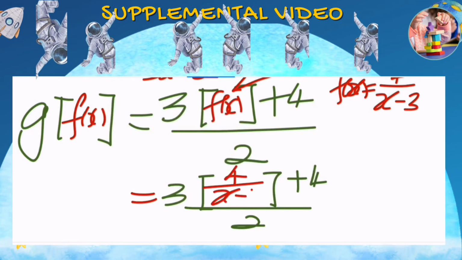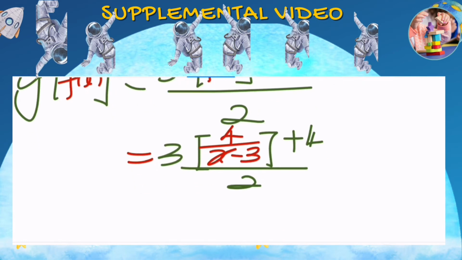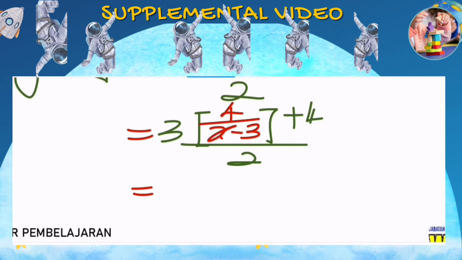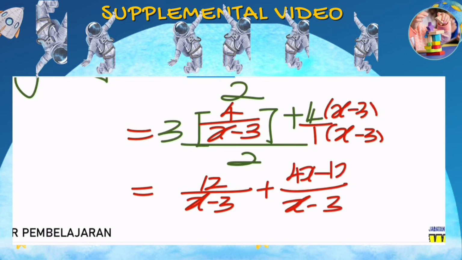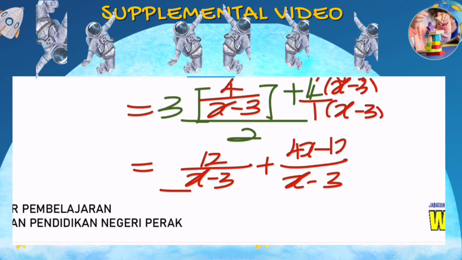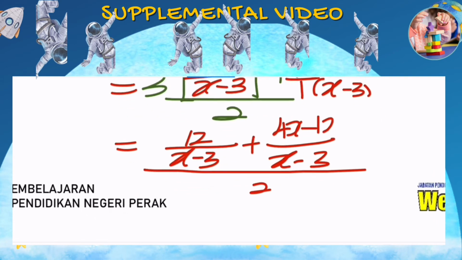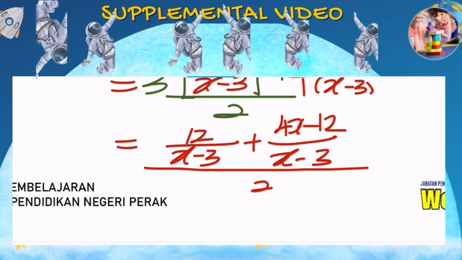Now we need to simplify carefully. So it will become 12, 3 times 4 is 12, over x minus 3 still there, plus 4 over 1. And as I said, we need to make the denominators the same, so we expand like that: 4 times x, 4 times negative 3, over 2, right? The whole thing over 2.